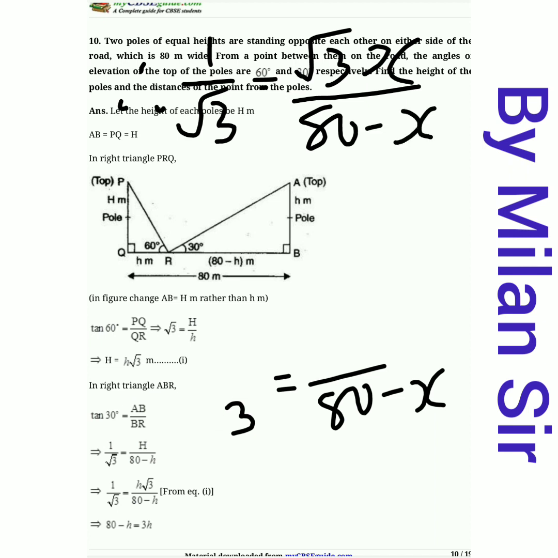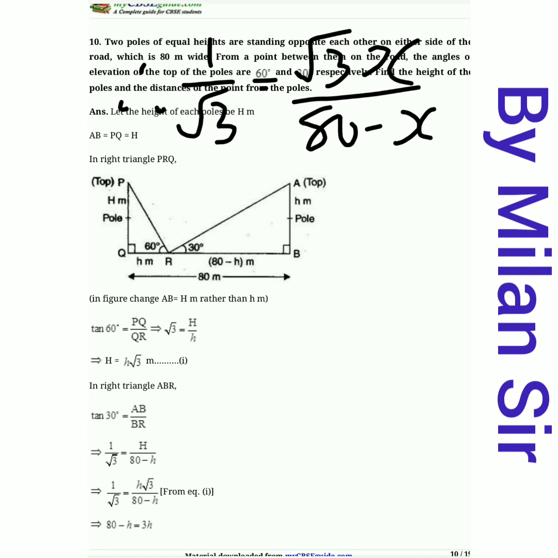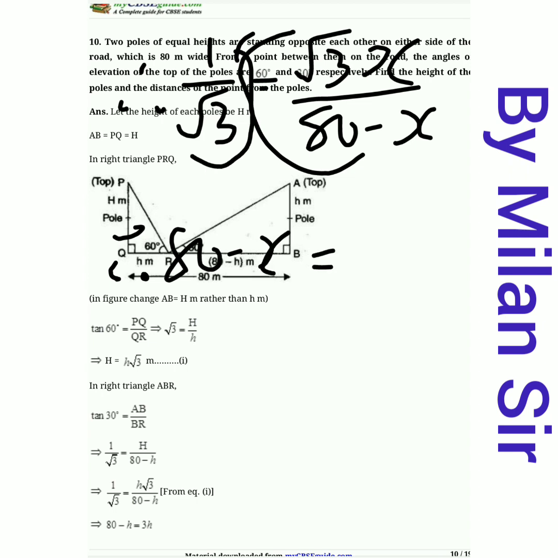Now cross multiplication. So this 80 minus x goes to the left hand side, multiplied with 1, so the same 80 minus x. Now this under root 3 goes to the right hand side, to the numerator. So under root 3 into under root 3 is only 3, and 1 x is there. Now for finding x, transfer this x to the right hand side.